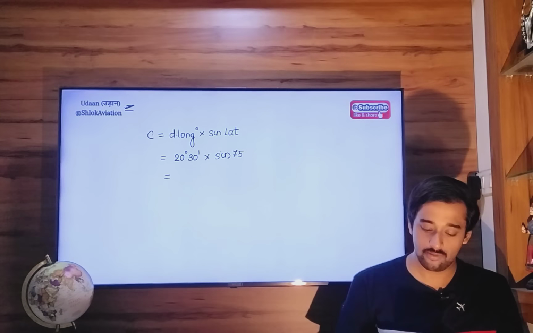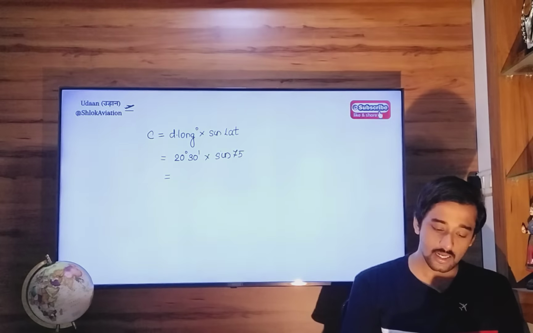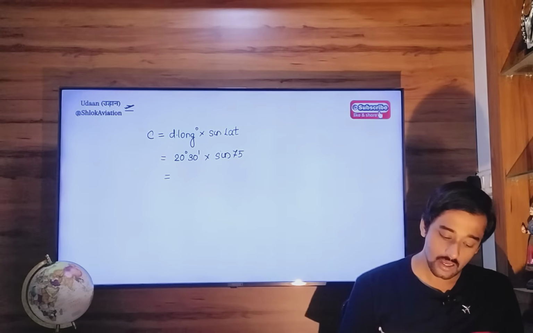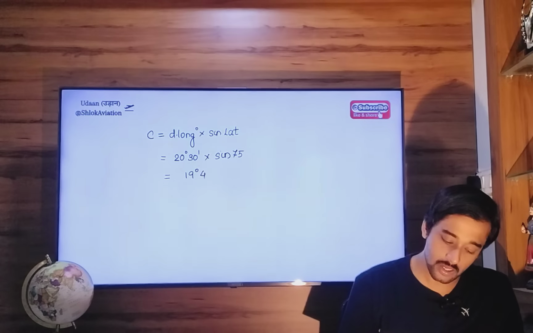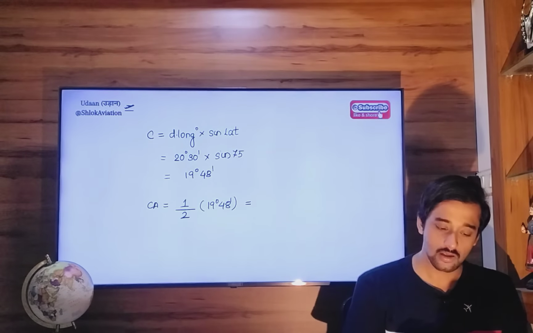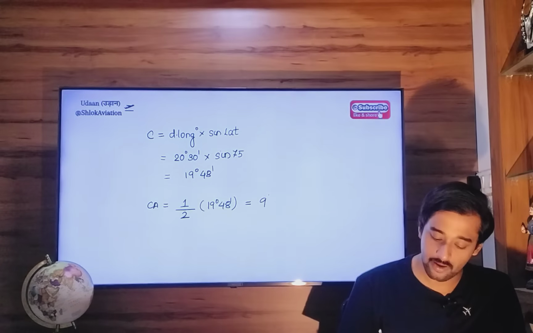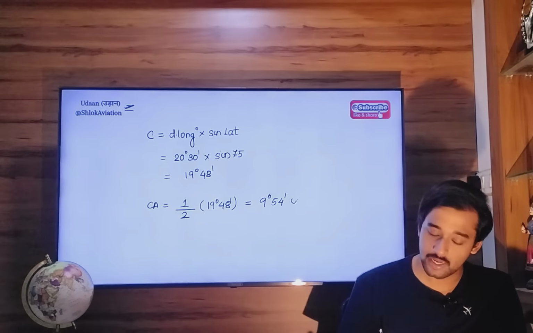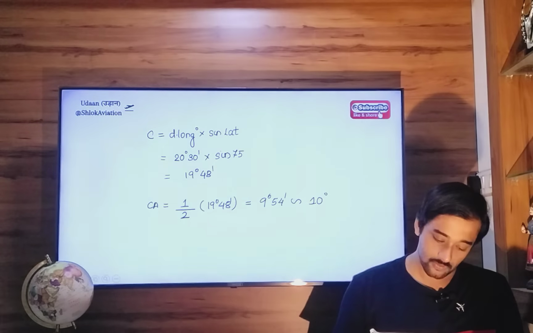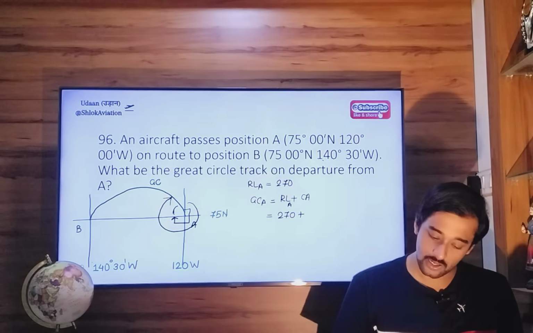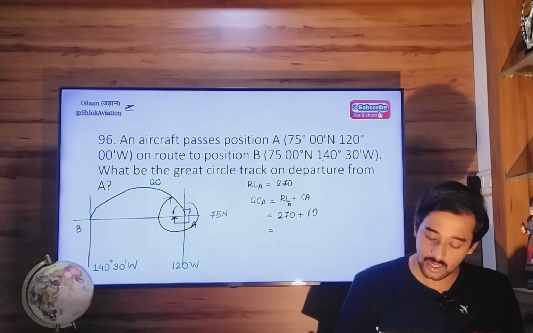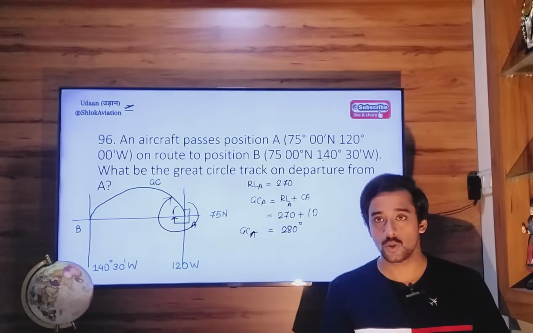Sine 75 into 20° 30 minutes is 19° 48 minutes. So convergency angle will be half of 19° 48 minutes, that is equal to 9° 54 minutes or approximately 10 degrees. So great circle track will be equal to 270 plus 10, that is 280 degrees. So great circle track at A is 280.